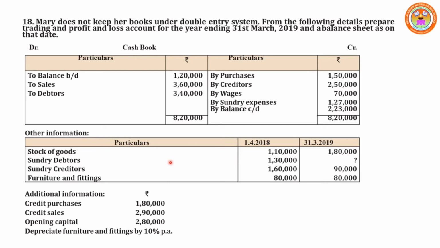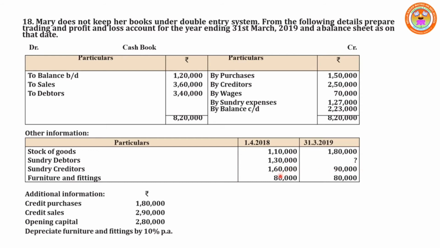Okay, now look at the year beginning and year end values: stock value, year beginning sundry debtors. Read the question carefully. The opening balance of debtors is given, whereas the closing balance of debtors is missing, so we have to find the closing balance under the total debtors account.